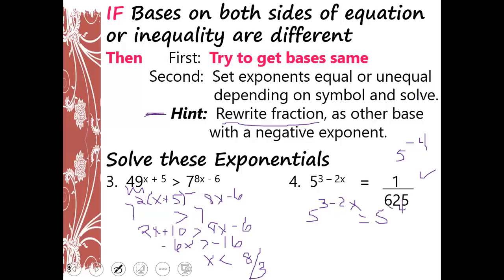You have to have some grace with me on this. What I'm writing on is sometimes difficult. So this says 3 minus 2x has to equal negative 4. Negative 2x has to equal negative 7. X has to equal 7 halves or 3.5. Okay? So far, so good.